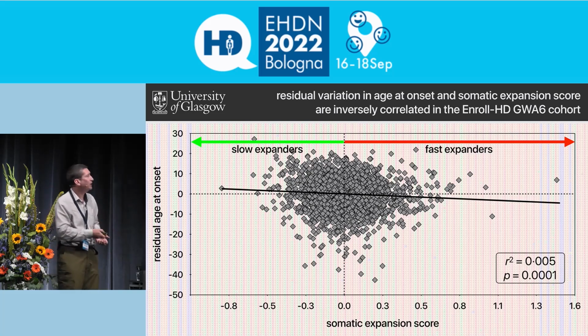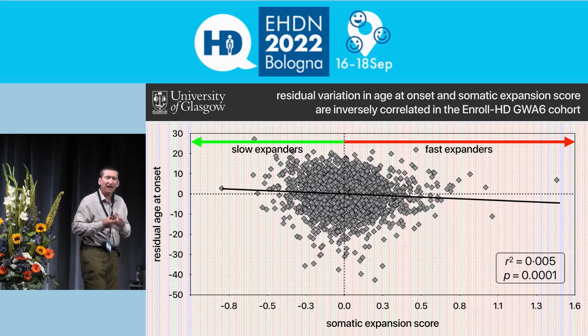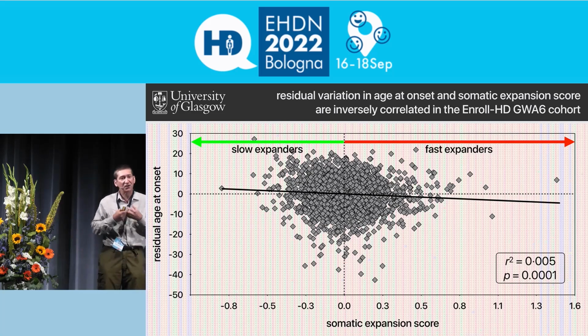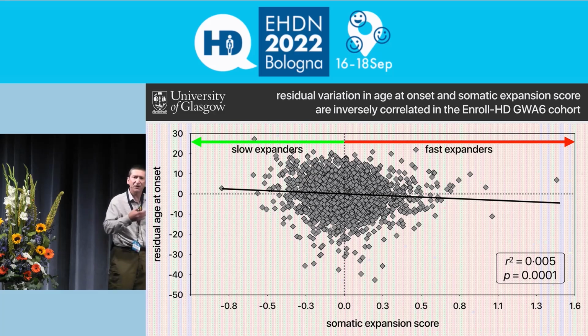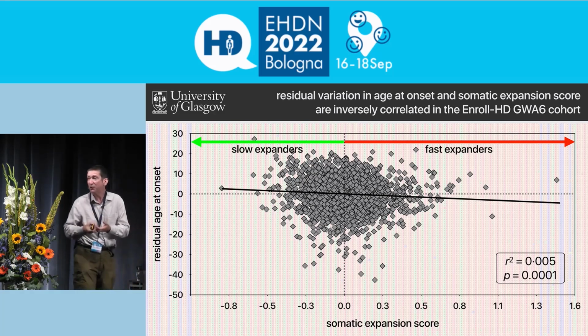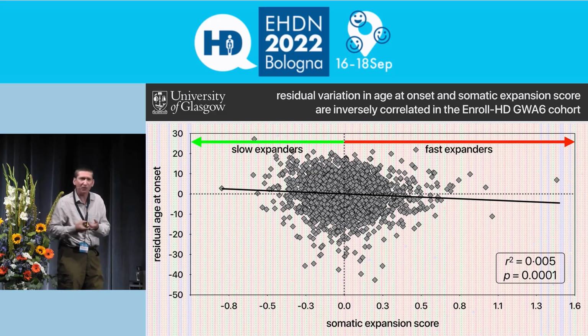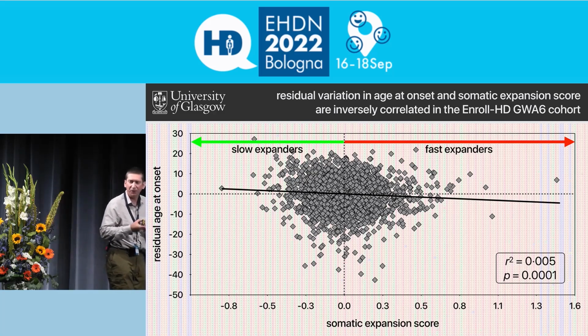That correlation, although highly significant, is nonetheless extremely modest, and that's almost certainly because we don't think that it's the somatic expansion in blood that is really having any impact on the phenotype, but this is really mirroring a similar process in the brain. Obviously, we're just not able to measure directly what's happening in the brain in large numbers of individuals.